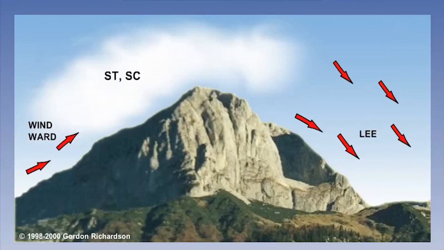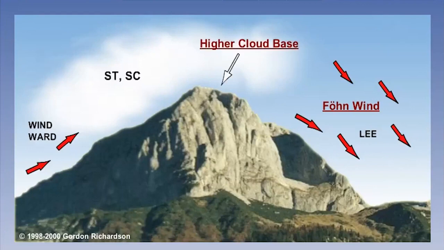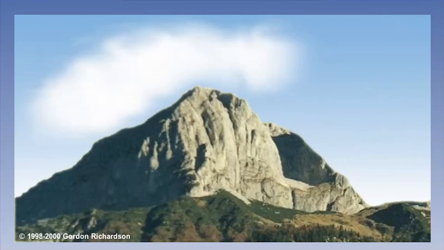In Europe, this process is called the Föhn effect and results in higher cloud bases and a significant drying out of the air to the lee side of mountains. There is one important point to note about orographic cloud. The icing and turbulence risk over hills is greatly enhanced.